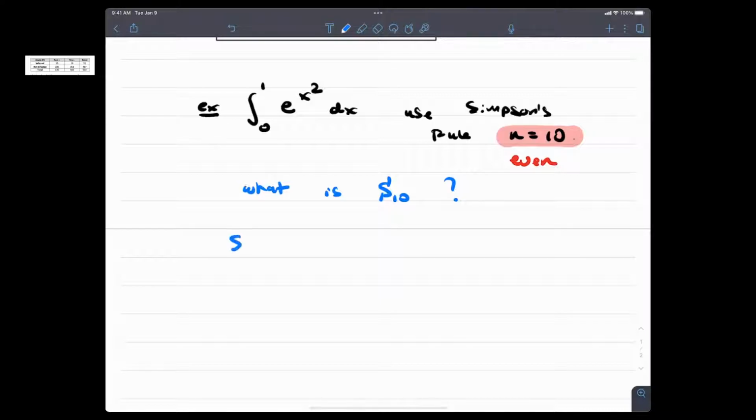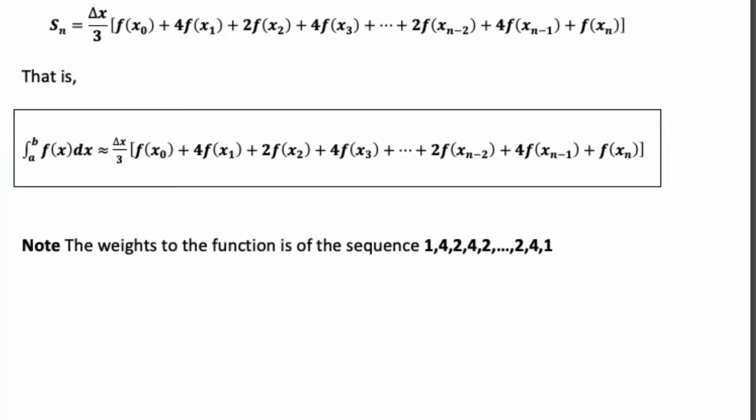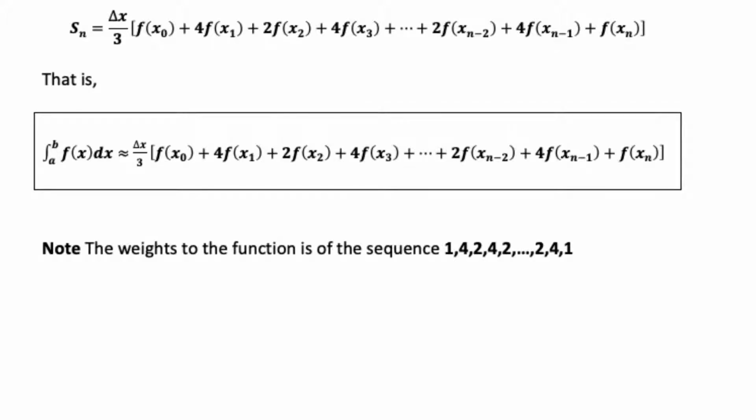Because S_n is defined to be delta x over 3. I'm going to write this down for you guys here. f of x naught plus, now go back and take a look at the formula. You see how you start with f of x naught, and then what happens? You got 4 f of x1 plus 2 f of x2 plus 4 f of x3 plus 2 f of x4.